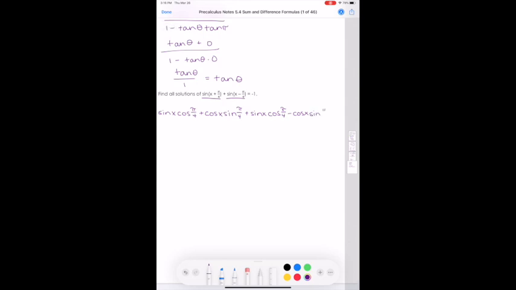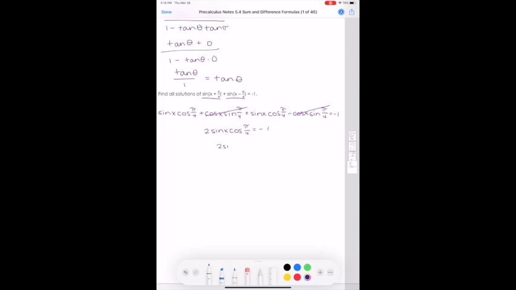And setting that equal to negative 1. Alright, so something nice happens. Cosine x sine of pi over 4 cancels, and then I have 2 of the same thing. So I have 2 sine x cosine of pi over 4 equals negative 1.